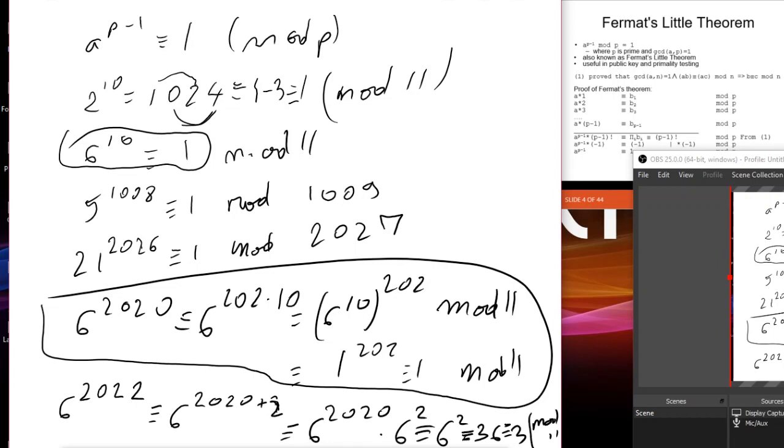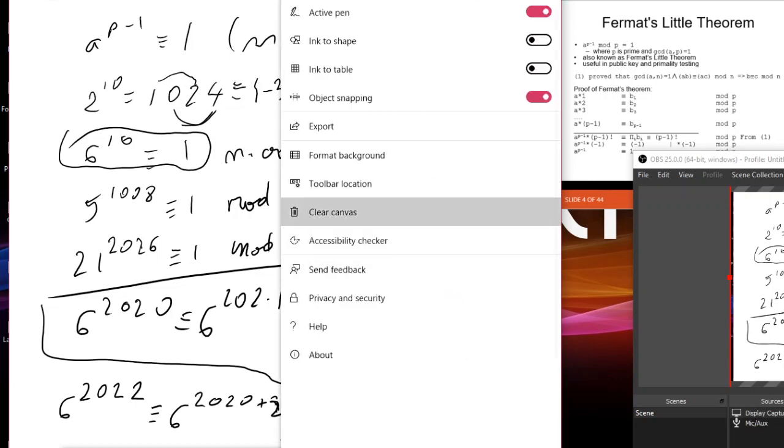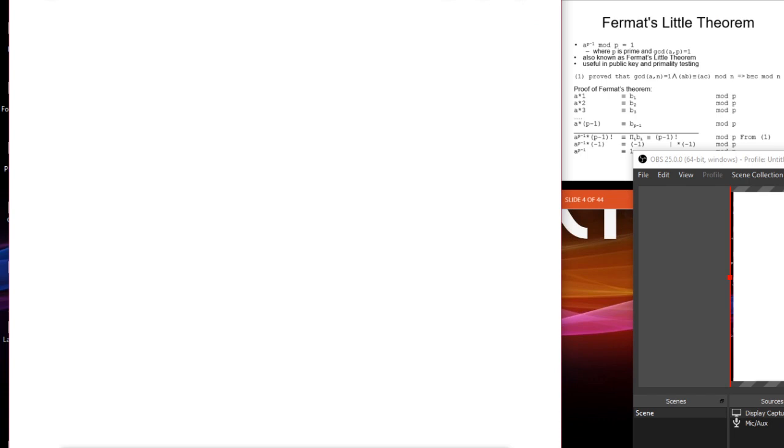Okay, we can similarly make any other complex computation mod a prime. Let's still stay with 11. If somebody would want to compute 5 to the power 1033, let's say, mod 11, you could write this one as 5 to the power, we check, 1033 divided by p minus 1.